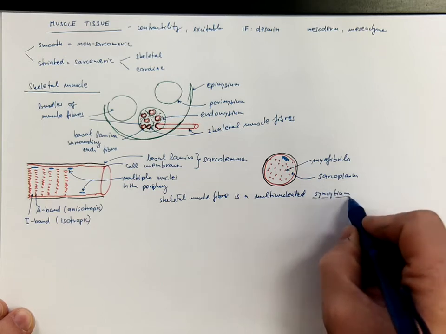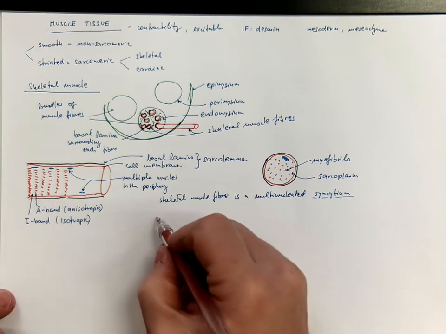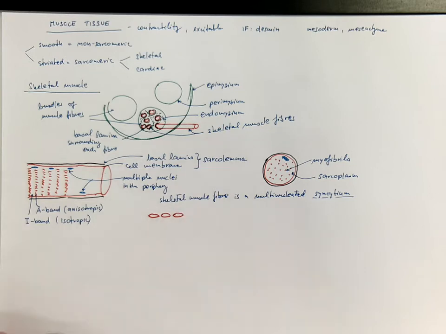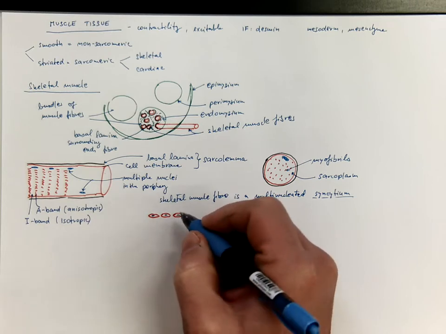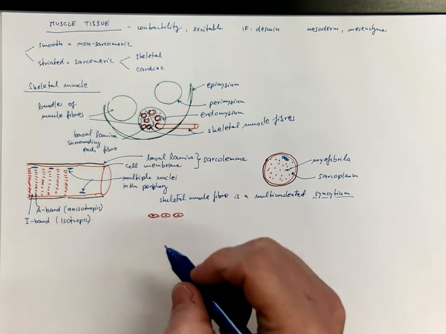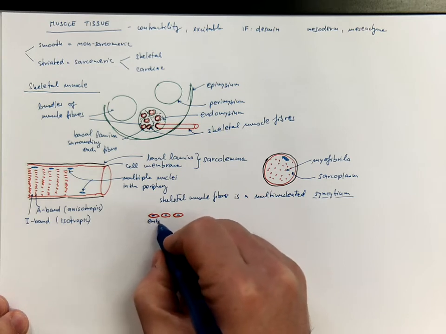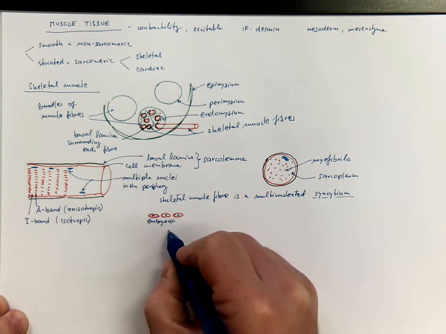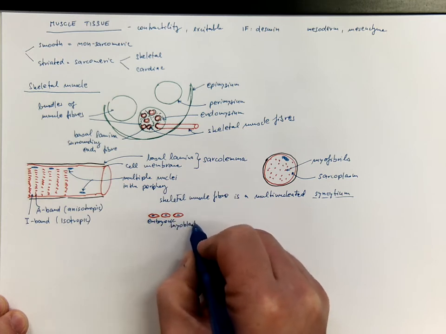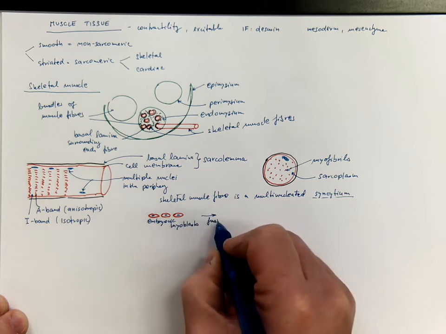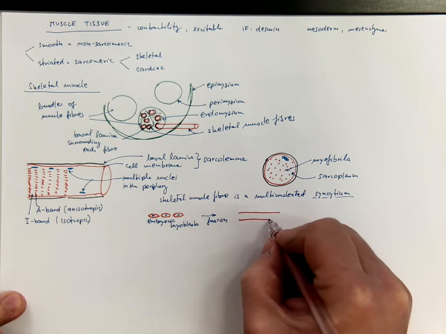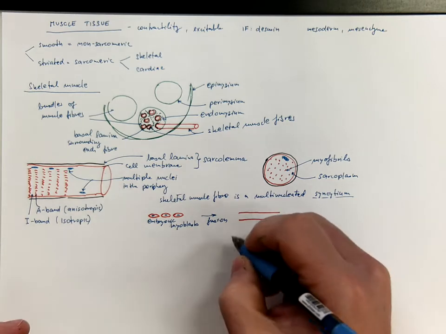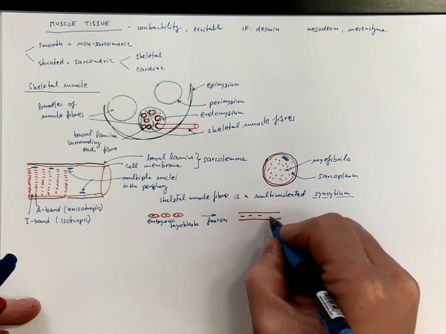and this term reflects its embryonic origin, because during ontogenesis the origin starts with fusion of multiple cells called embryonic myoblasts, that undergo fusion into a multinucleated structure which still has the nuclei in the center.